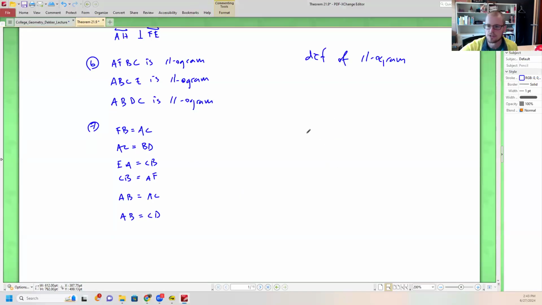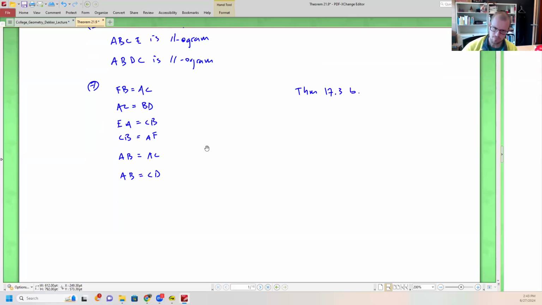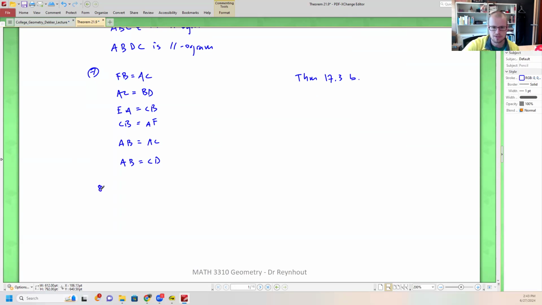If you don't recall, this idea of a parallelogram giving us the equality of the side length is actually due to a theorem, right? Not the definition of a parallelogram. So that's theorem 17.3 in particular, part B, that gives us that. All right, now we can finally get the equalities that we wanted, right?